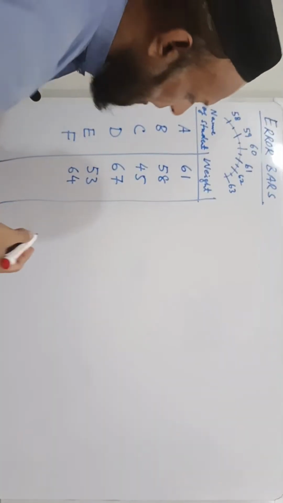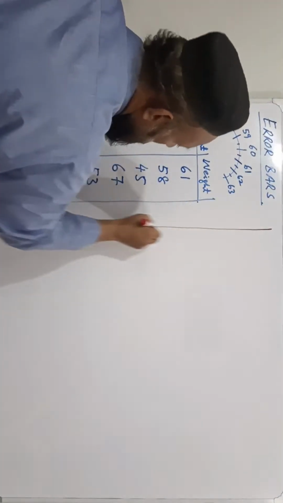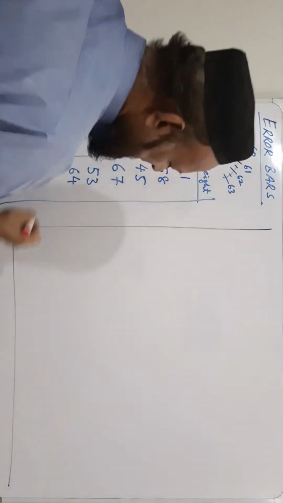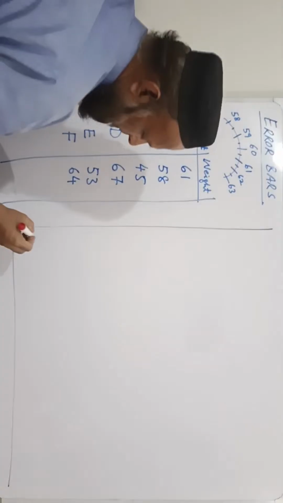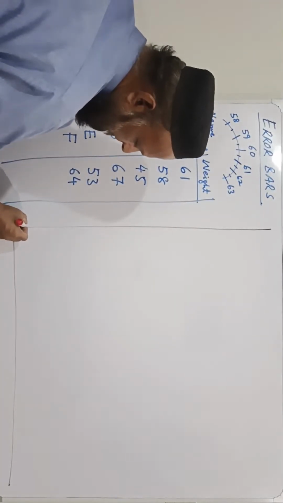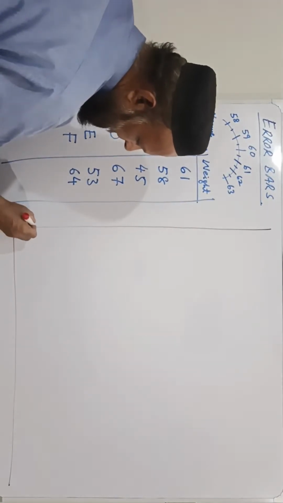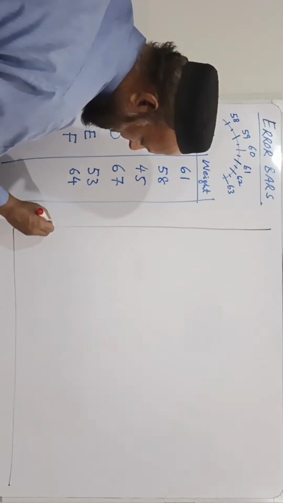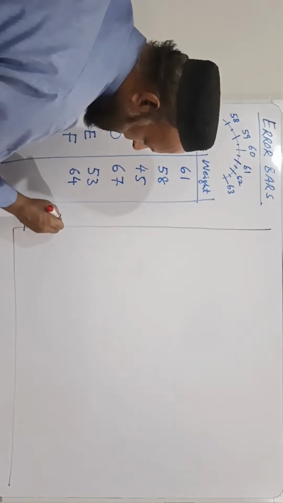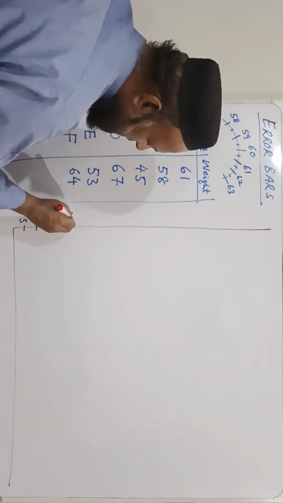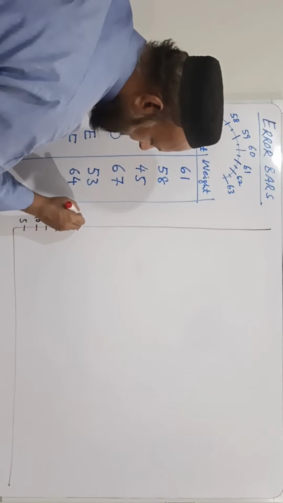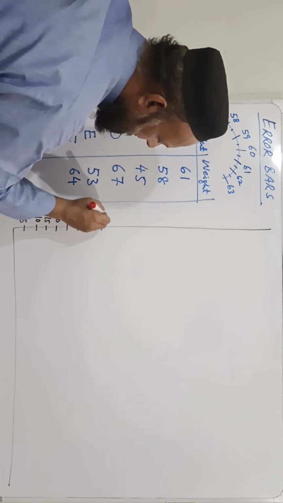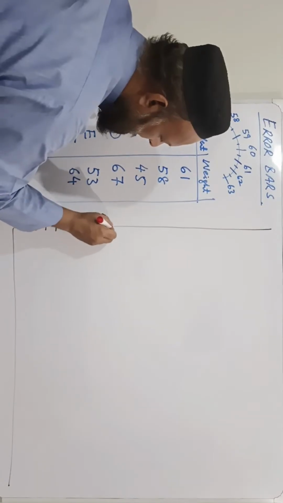First of all, we'll draw bar graphs for this data. So this is 5, 10, 15, 20, 25, 30, 35, 40.